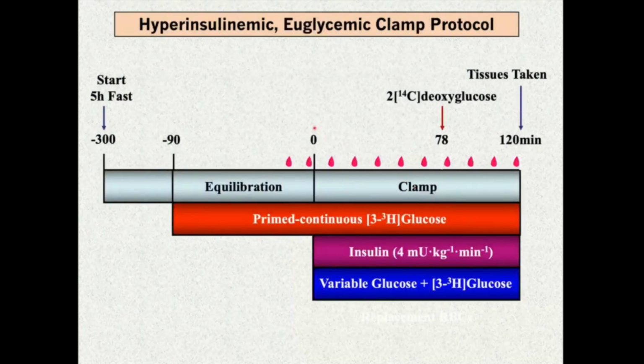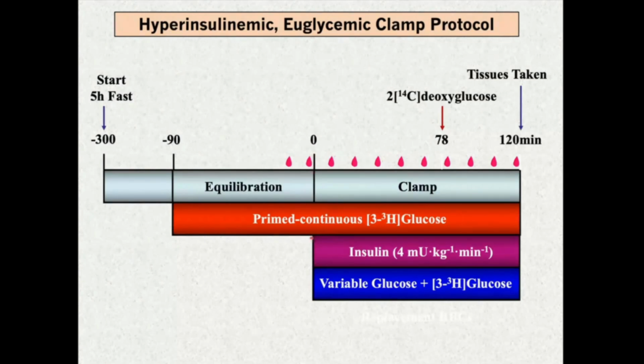And this slide just shows a day in the life of a hyperinsulinemic euglycemic clamp. Animals are fasted for 5 hours prior to the beginning of the clamp. We have an equilibration period for the tritiated glucose infusion.